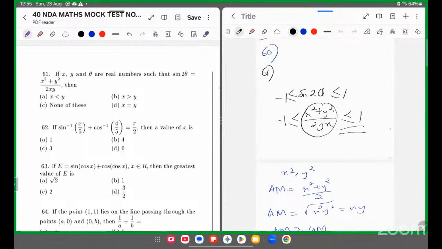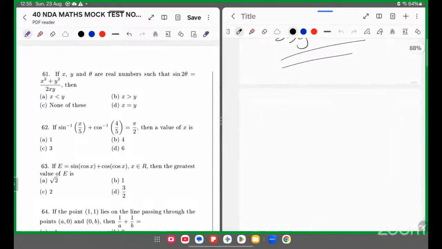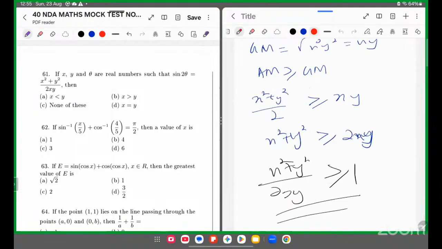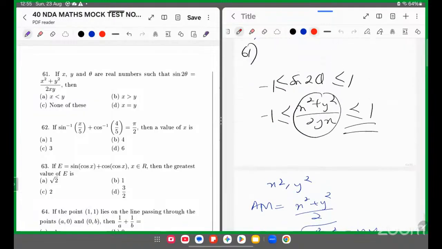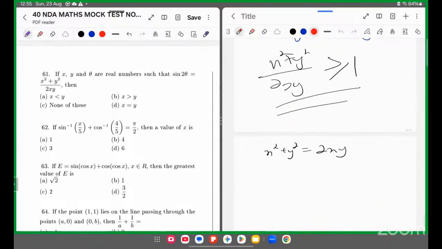If this is equal to 1, then x square plus y square is equal to 2xy. Because this is sin 2 theta, its value cannot go beyond 1. So we cannot consider greater than 1; maximum we can consider equal to 1. So x square plus y square equals 2xy.